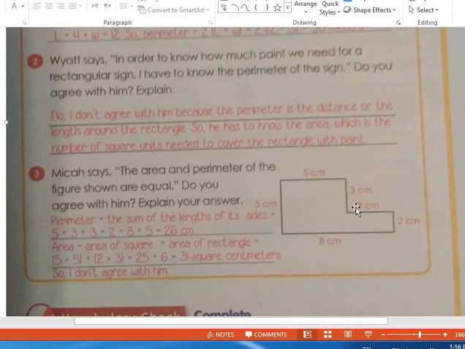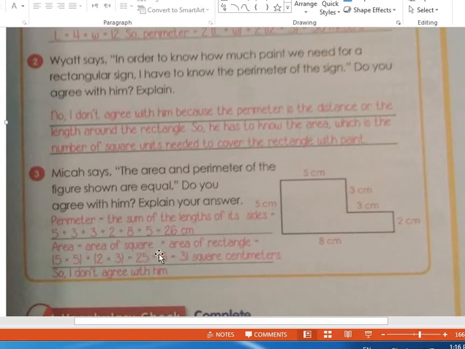I have here one shape, and by drawing a line segment from this point to this point, I divided the shape into two parts. What parts do I have here?